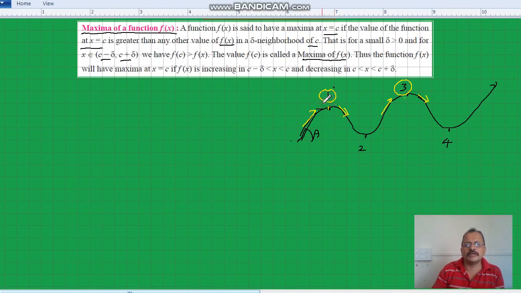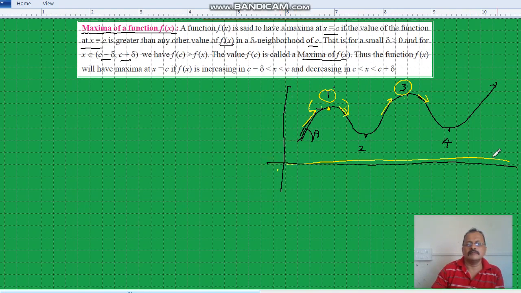So if you consider any small number delta, then from this point towards left and towards right in some interval of the x-axis, this is point say c, then delta is any positive number, but it should be a small one.